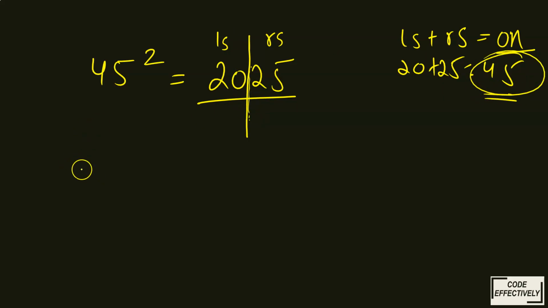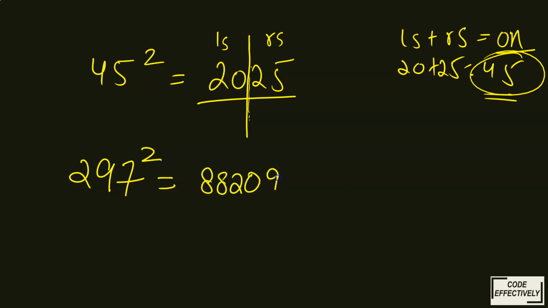Let's take another example, 297. When we do the square of 297, it comes out to be 88209. Now this is an odd number. Now you will ask how we have to do it. When it comes to an odd number, we take the RHS to have the maximum digits and the LHS to have the minimum digits. You may be thinking why we should not give the extra digit to the LHS.